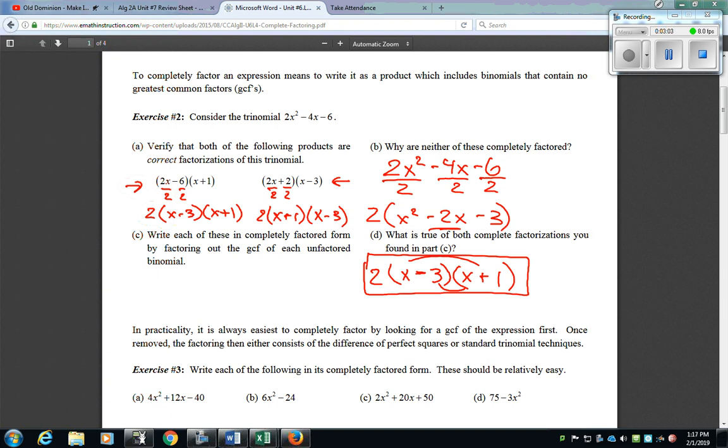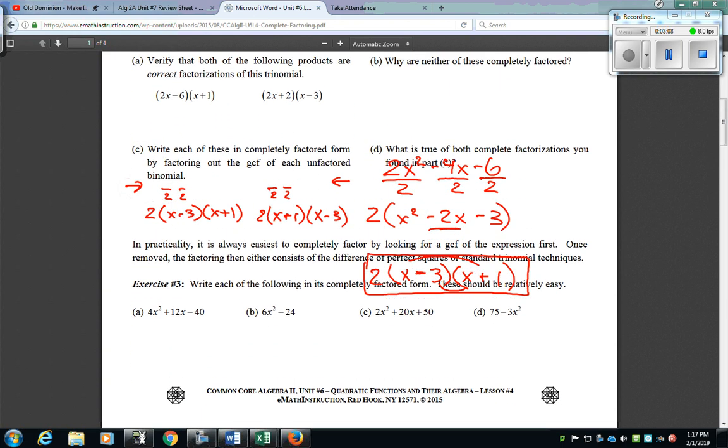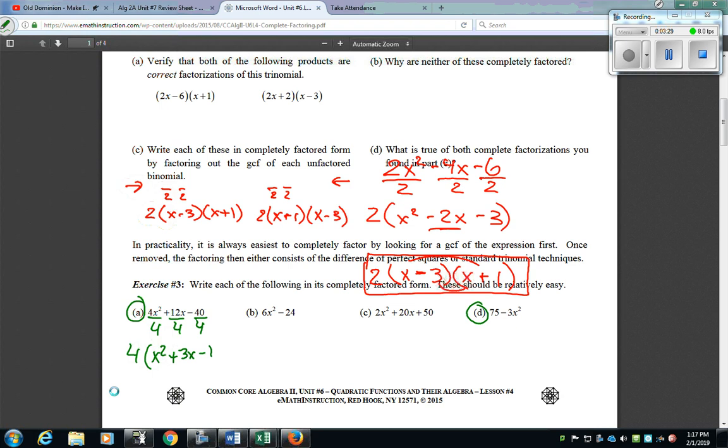So let's try one of the examples below in exercise 3. And we'll do A and we'll do D. So for A, I notice there's a 4 in front, so I'm going to try to divide all those by 4, which in this case I can do. So I have x squared plus 3x minus 10.